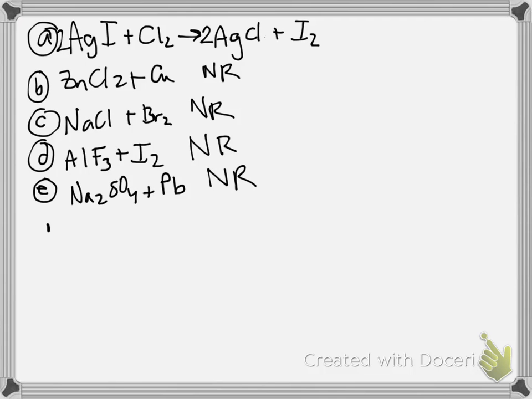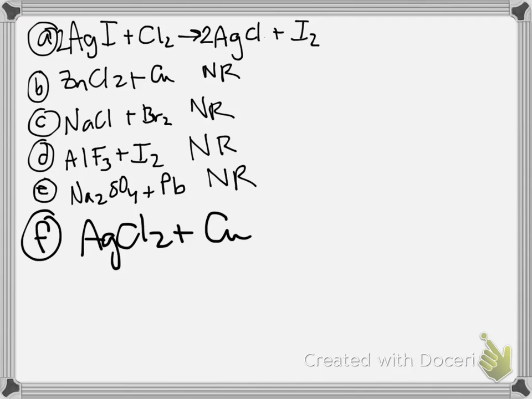Okay, so now F, we've got silver chloride, and we have copper. What could the copper potentially replace? Silver. And will it? Yes, copper is more active than silver. Silver is relatively inactive. A few people asked, hey, which copper ion is that?